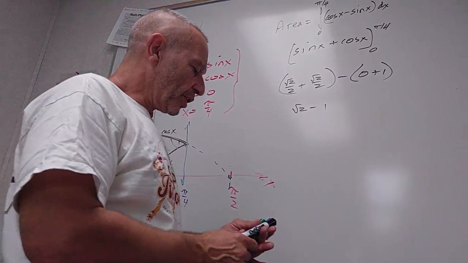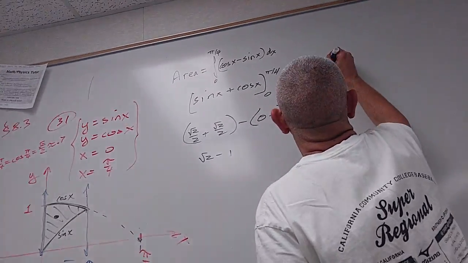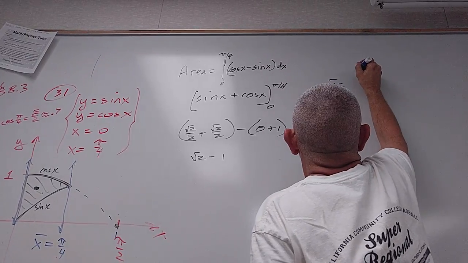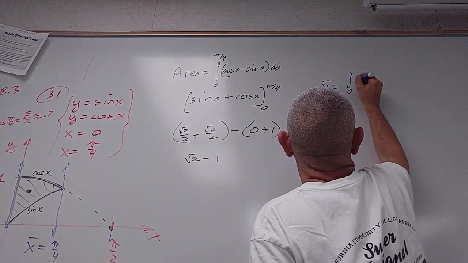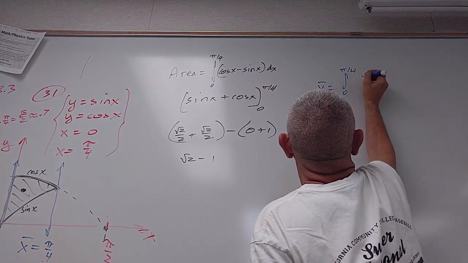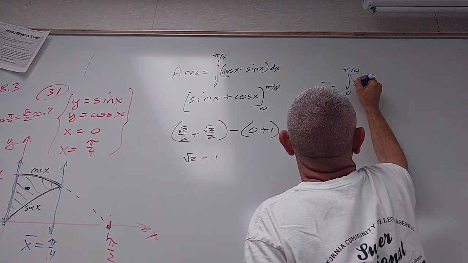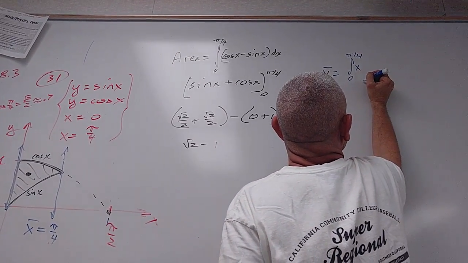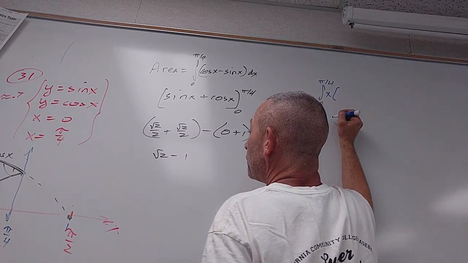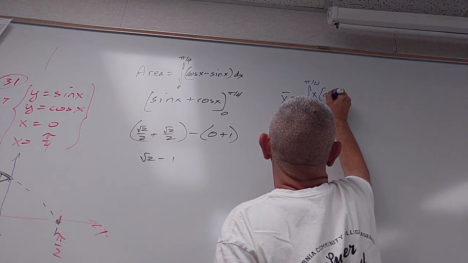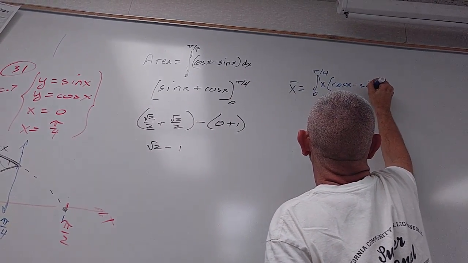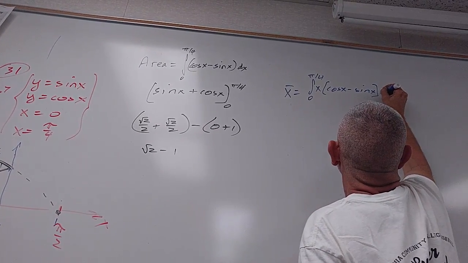Now x bar is going to be the integral from 0 to pi over 4 of x. Well, we're going to have to, on this one, since there's two equations, take cosine x minus the sine x dx.